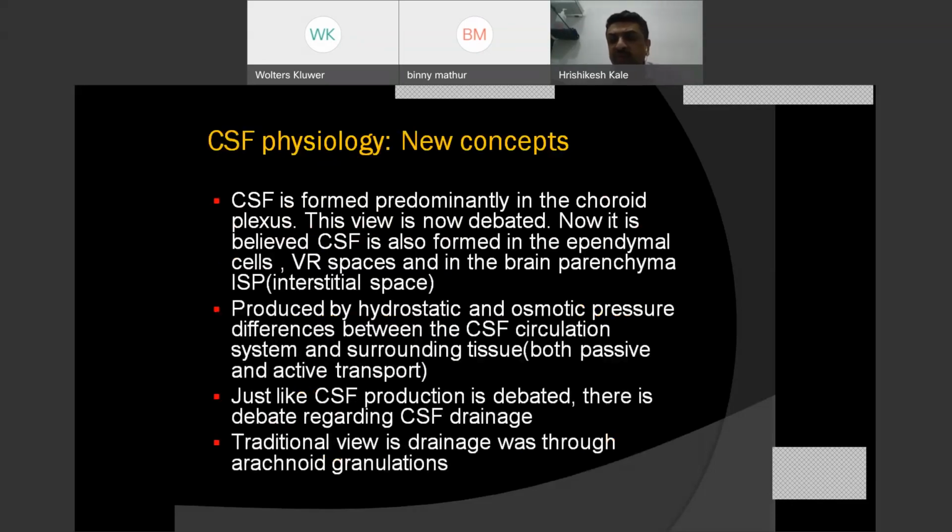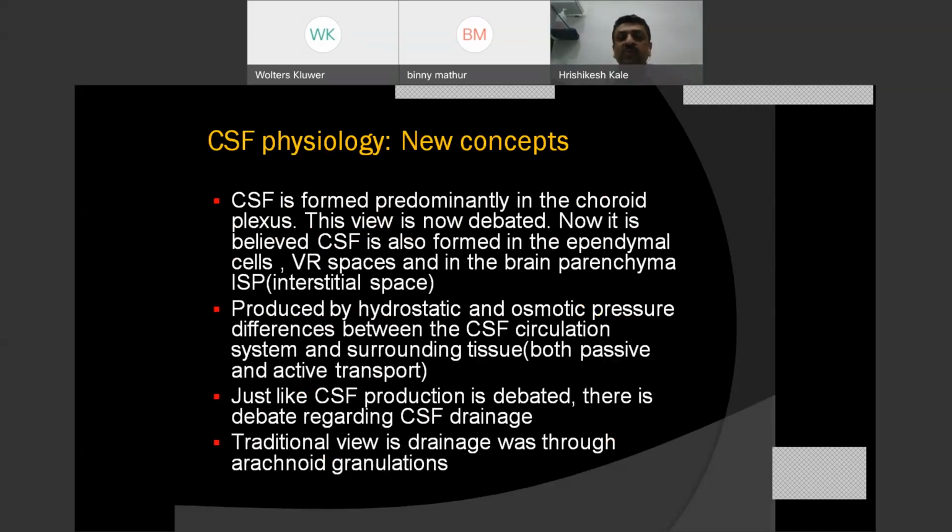I had mentioned to you before that the traditional concept of how the CSF flows was that CSF is produced by the choroid plexus, goes through the lateral ventricles, exits from the lateral ventricles, goes into the subarachnoid spaces of the convexities, and then gets absorbed by the arachnoid granulations.